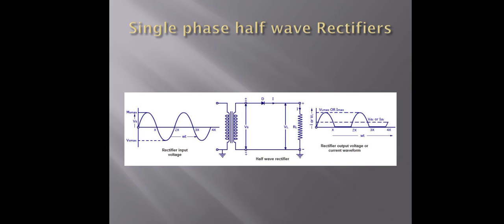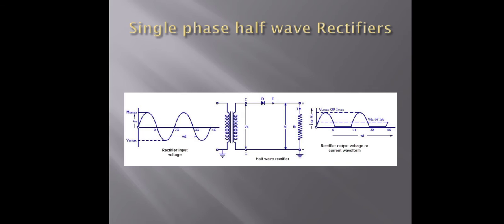That means when the positive half cycle input signal is applied, current flows through the diode, and when the negative half cycle input signal is applied, the output is 0. That means in the negative half cycle the output is 0.